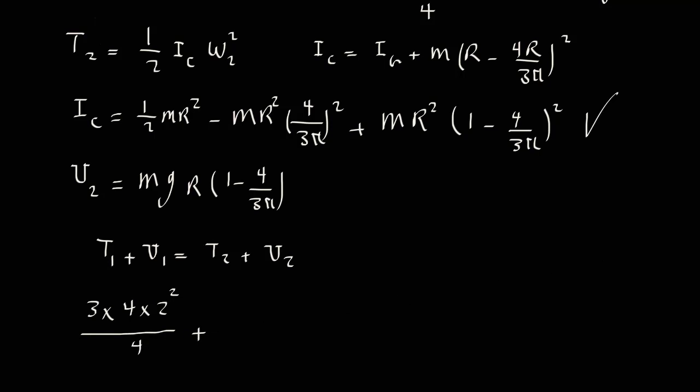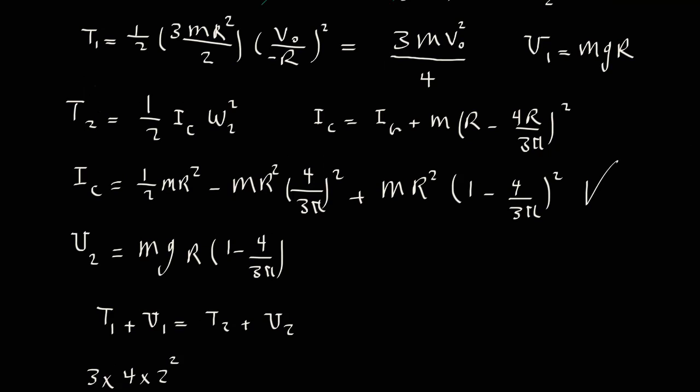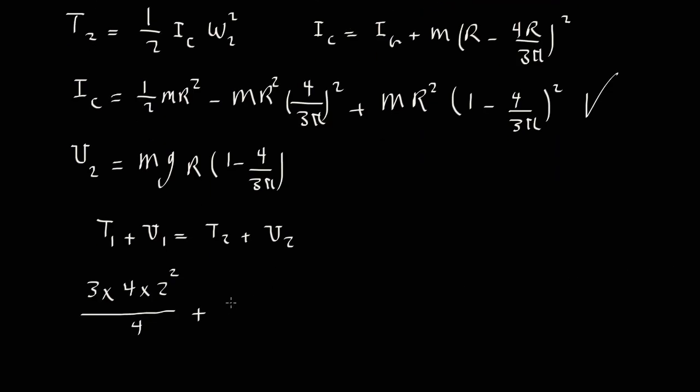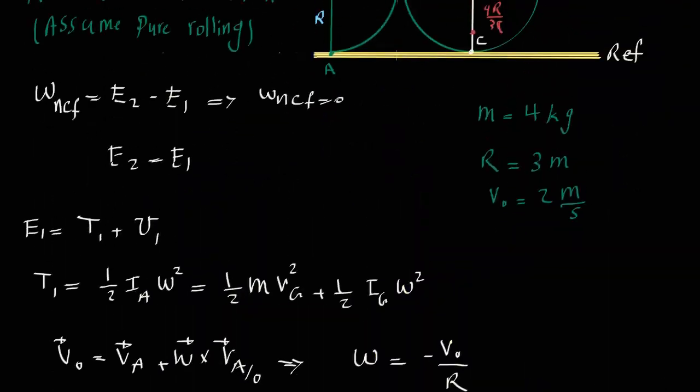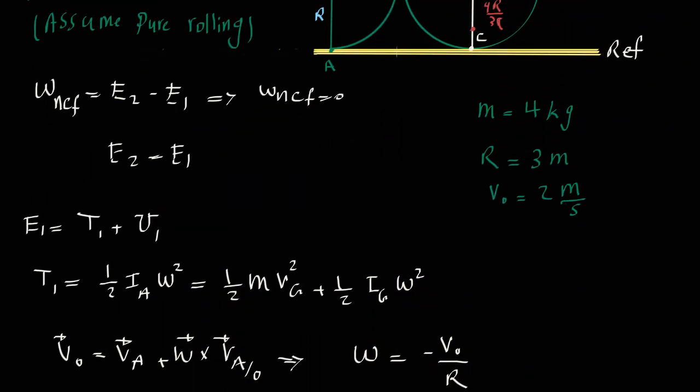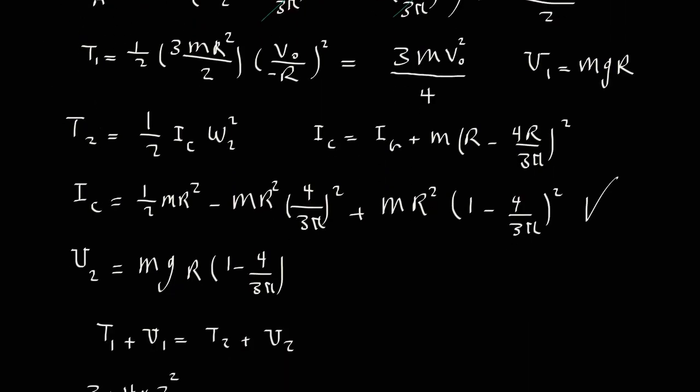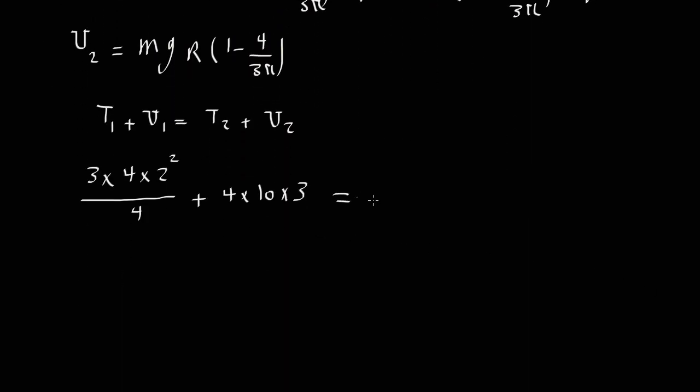And u1 is mgr, which would be 4 times 10 times r, I think it was 3 meter. So let's check for that. Yeah, r is 3 meter and v naught is just 2. So that's for the left hand side of the equation.